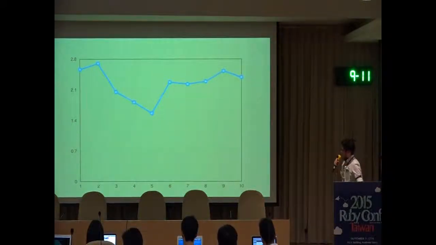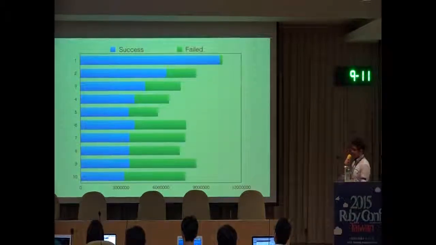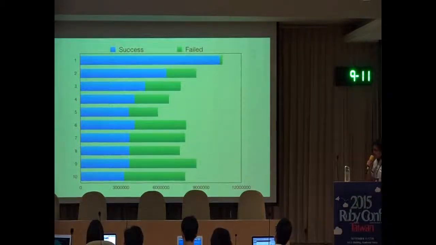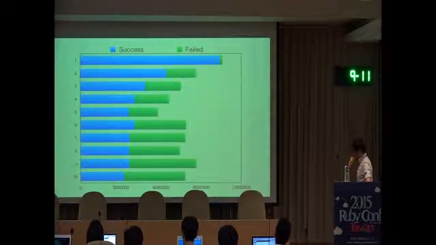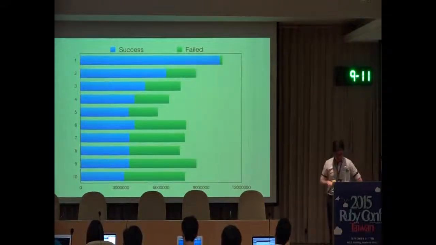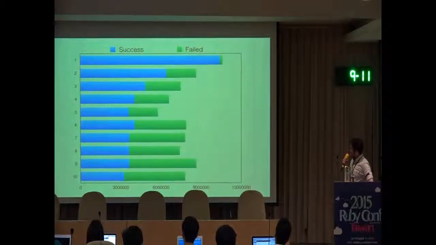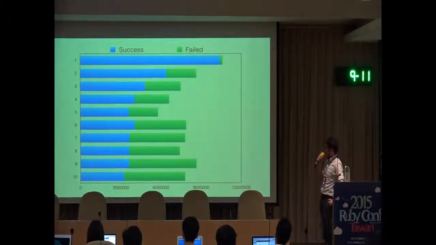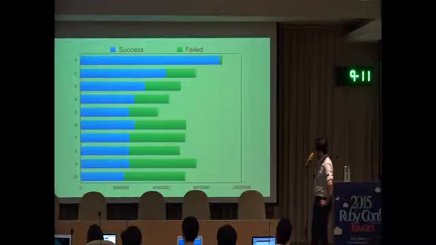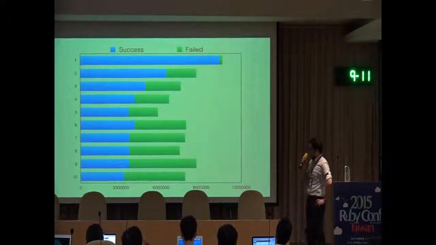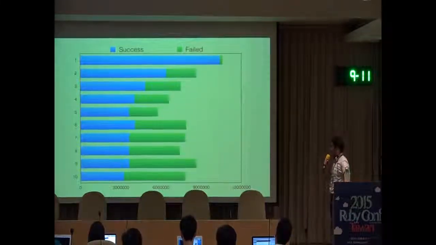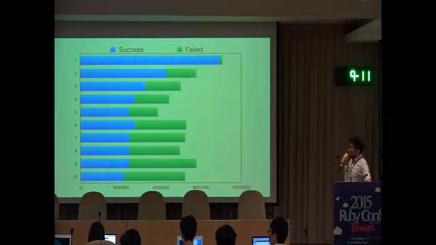The trend is actually quite like this, so we can assume this is related to the performance improvement. Although the green ones are failed transactions, and there are definitely more failed transactions, the overall number of total transactions is dropping. So that's a good thing.